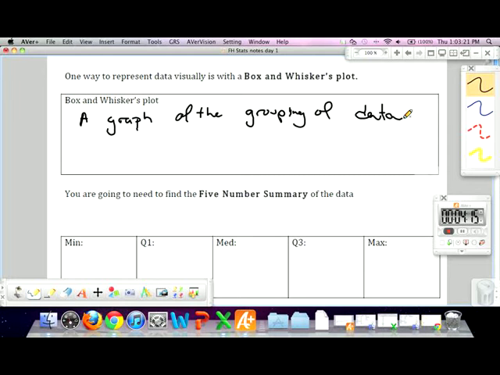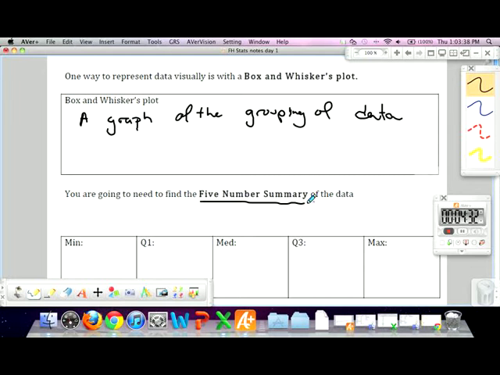To do that, we're going to need to use what's called a 5-number summary. A 5-number summary is basically going to tell us 5 important points, 5 important chunks of our data. And they're these 5 things.